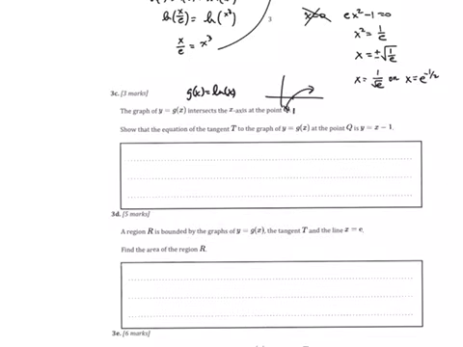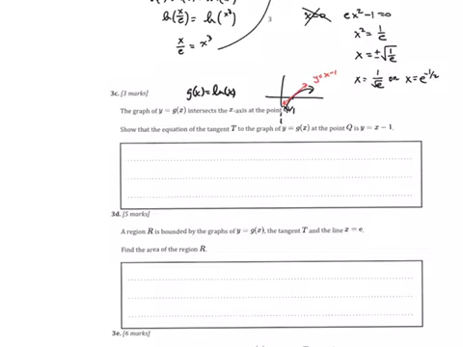The graph of ln of x looks something like that with a vertical asymptote at x equals 0. Show that the tangent T to the graph of g at the point q is y equals x minus 1. So I want to know the tangent line equation right there, and I want to show that that's equal to y equals x minus 1.